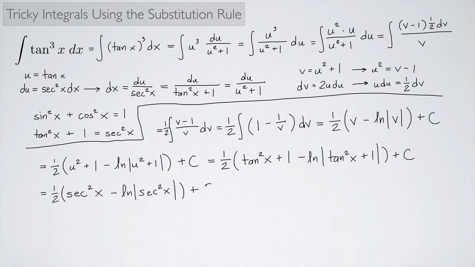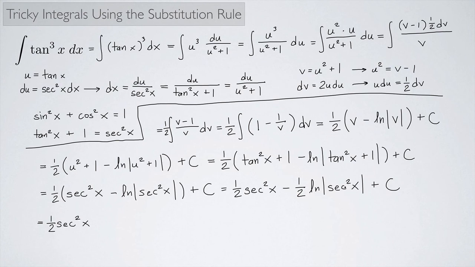Okay, plus a constant. And let's distribute the 1/2. So this is 1/2 secant squared x minus 1/2 natural log of secant squared x plus c. And this 1/2, if you remember your log rules, you can bring that 1/2 up as an exponent. So let's rewrite this again as 1/2 secant squared x, and this is, let's see, secant, remember, also is 1 over cosine.